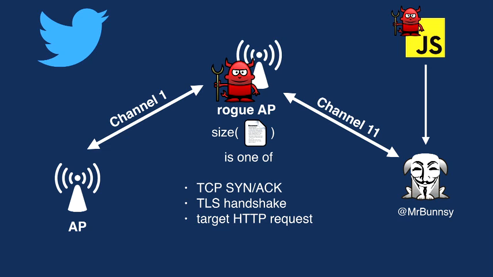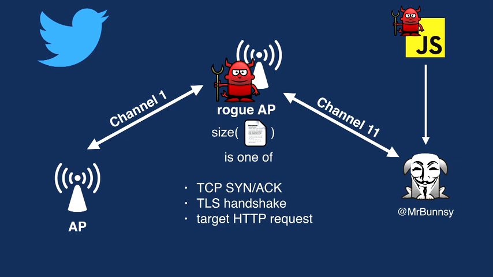He also forwards it if it's the size of the target HTTP request, because he wants to send the request to Twitter. All the other traffic he blocks, and as a result, there won't be any traffic coming from Mr. Bonzi going outside, so the background traffic will die off.